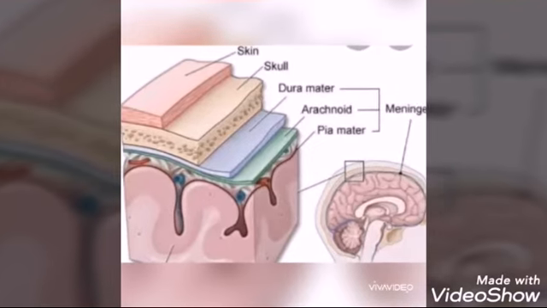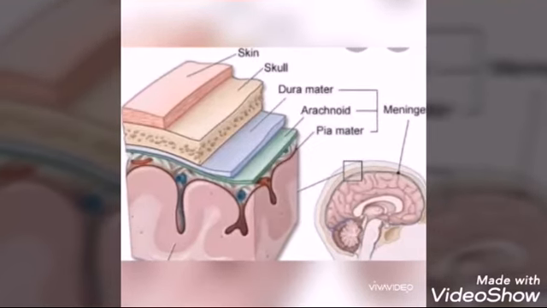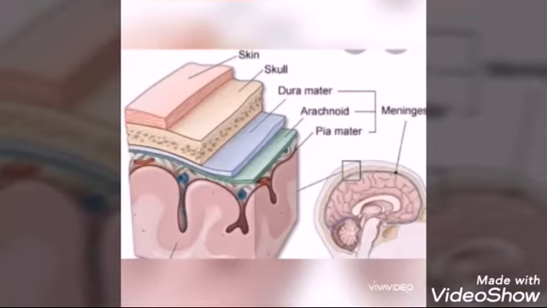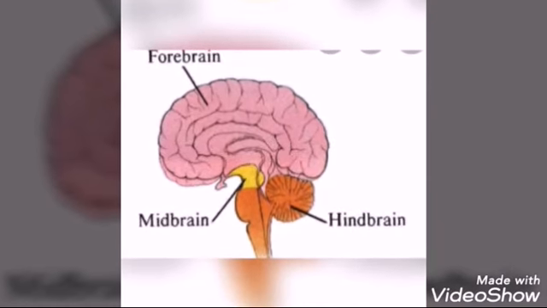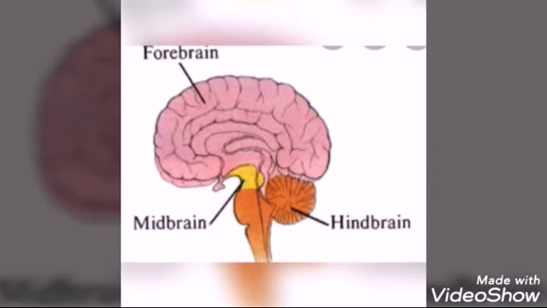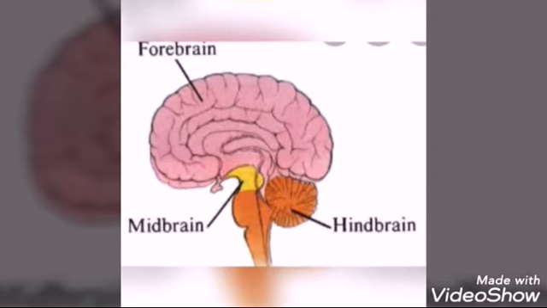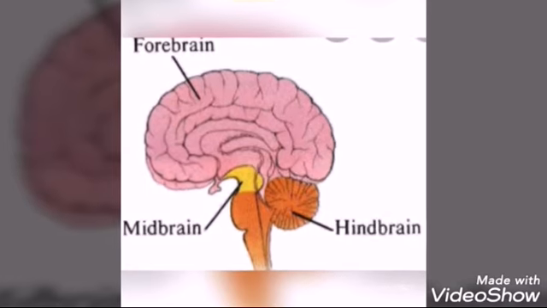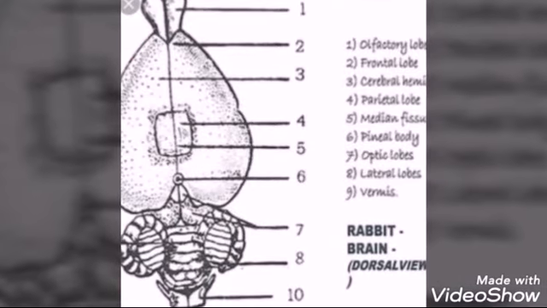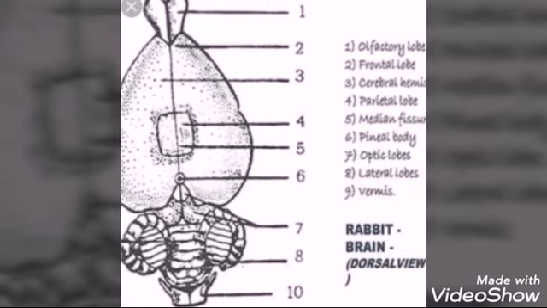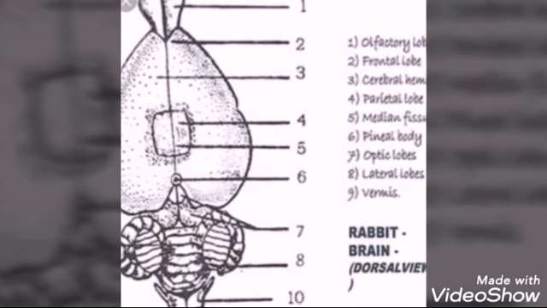arachnoid membrane. The brain is divided into three parts: forebrain, midbrain and hindbrain. Forebrain prosencephalon, midbrain mesencephalon, hindbrain rhombencephalon. Next we are going to study about parts of forebrain. Forebrain consists of pair of olfactory lobes, cerebral hemispheres and diencephalon.